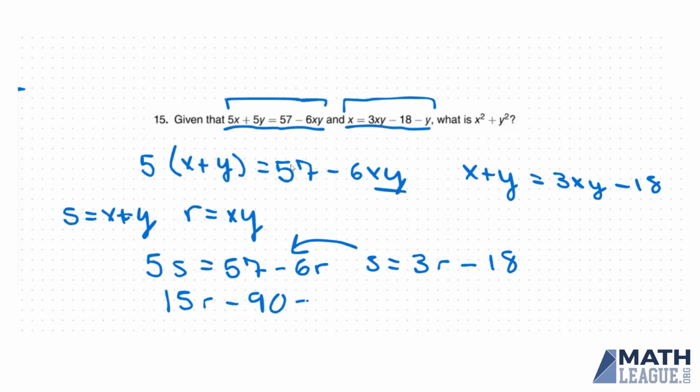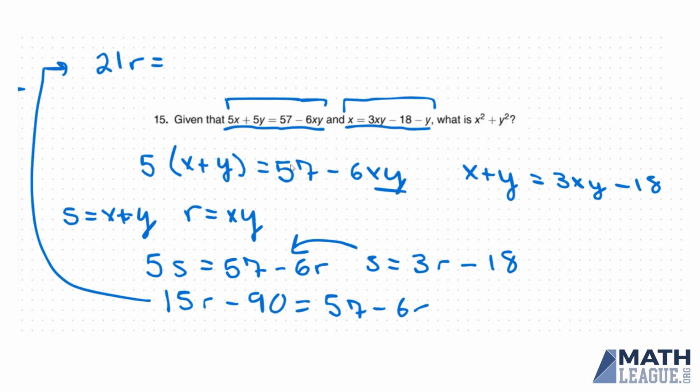And then that is going to equal 57 minus 6r. Then we can add the 6r over, and we can add 90 over, and we end up getting 21r is equal to 147. Dividing by 21, we get r is equal to 7.